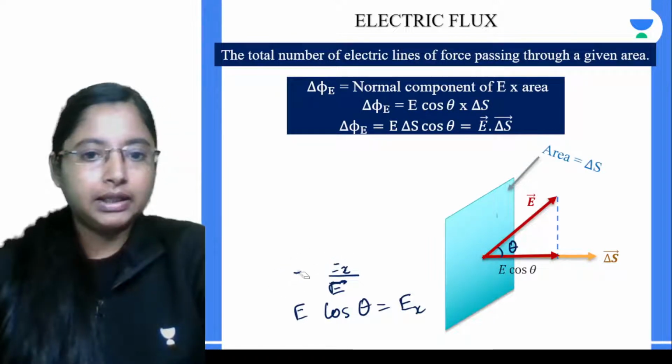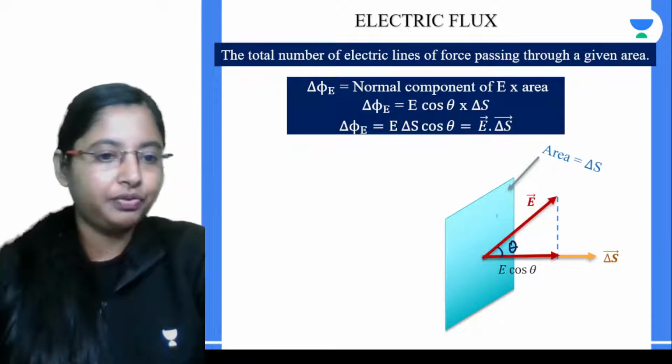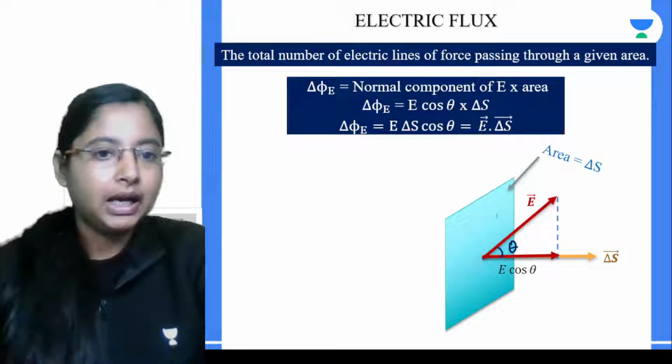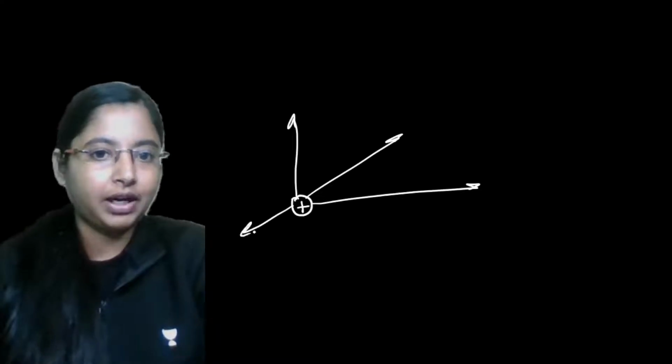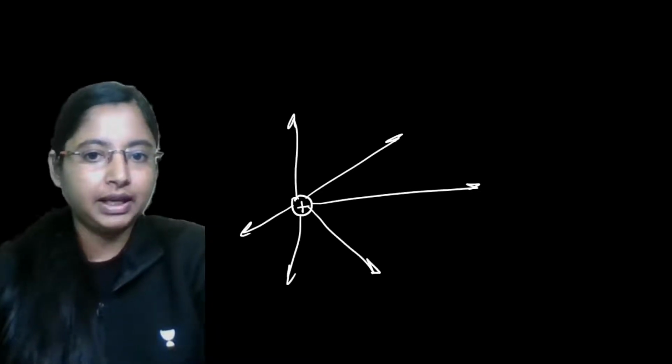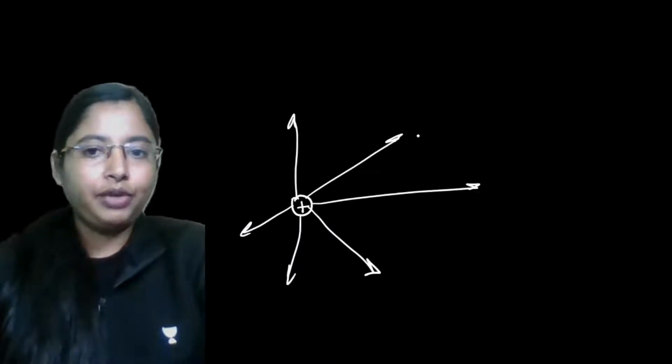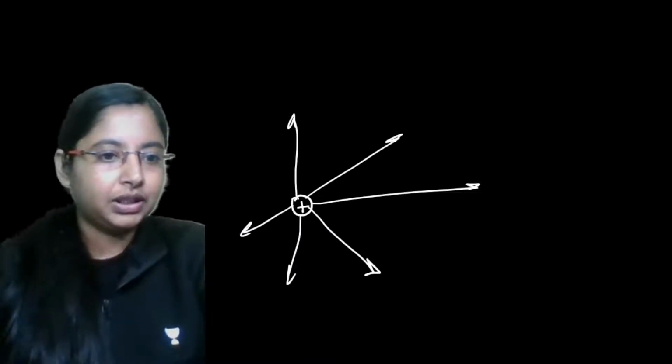Now, a very simple explanation before we go ahead with the units. Let's see the definition of electric field. Let's say we have a positive charge, which is going to have a field everywhere around it.